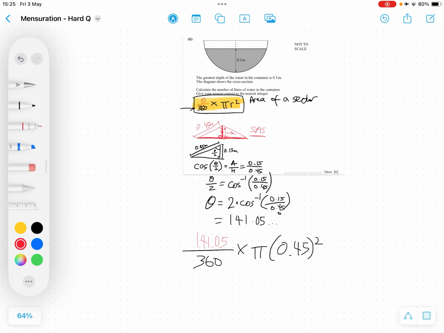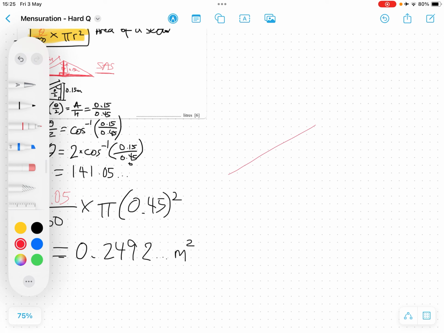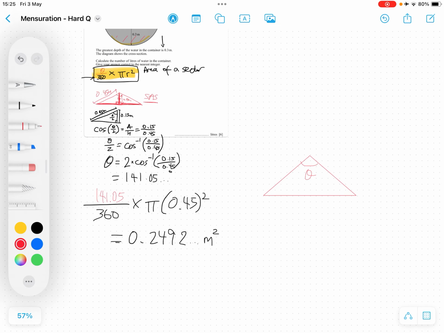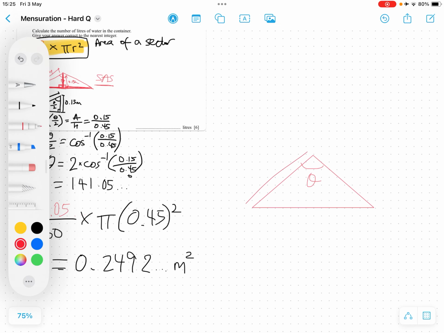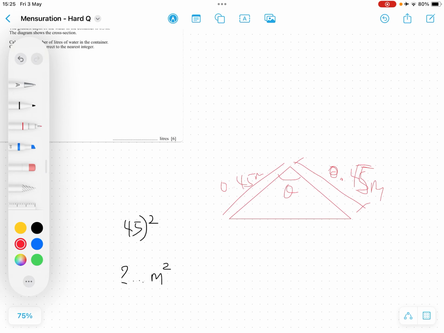So the way we can do that is, let me redraw the triangle. This is the angle theta, which we've calculated, and this is 0.45 meters, as well as this side, since they both are the radius of the circle, 0.45 meters.